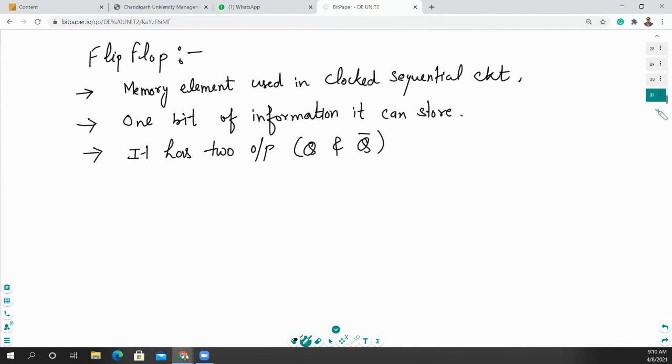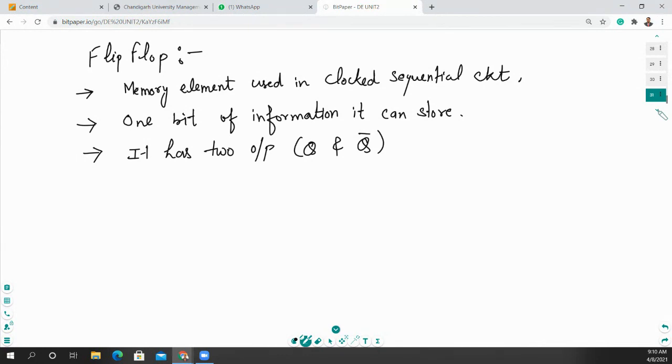Q is your output. Let's suppose that it's a 1 and Q bar is 0. When you get output 1 across Q, that is inverted to 0 at Q bar. So this is the meaning of Q and Q bar.